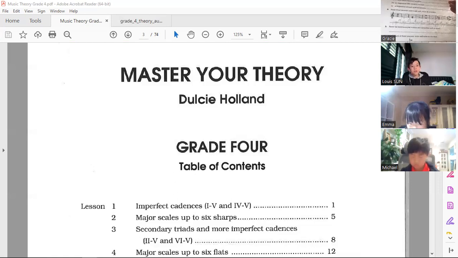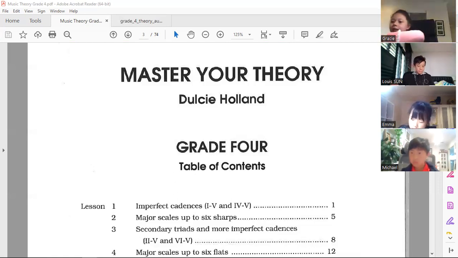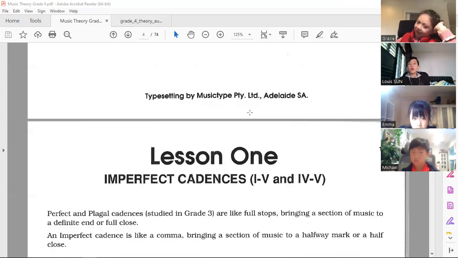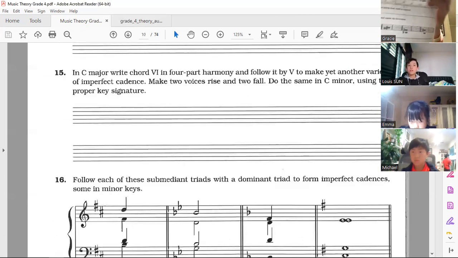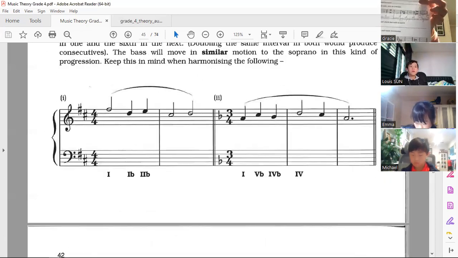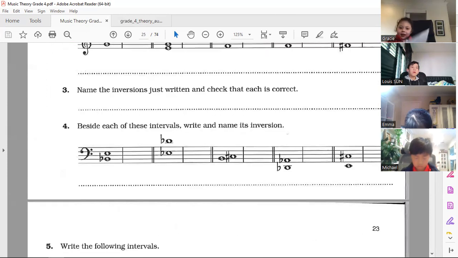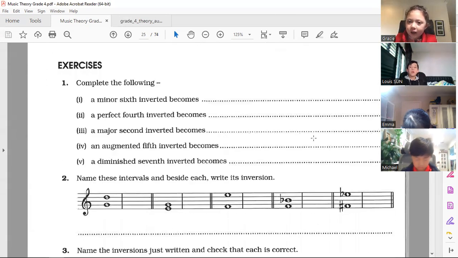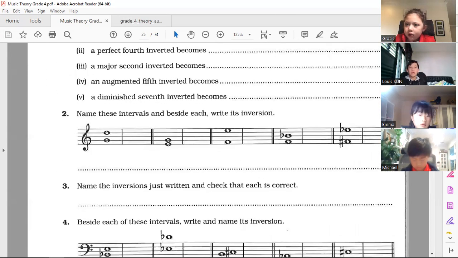Yep, that's pretty good, Gracie. What about the last one? So yes, right. Okay, so the last one, invert that.